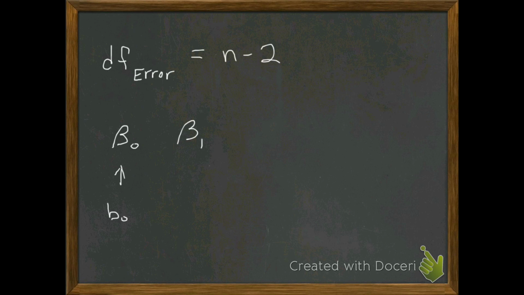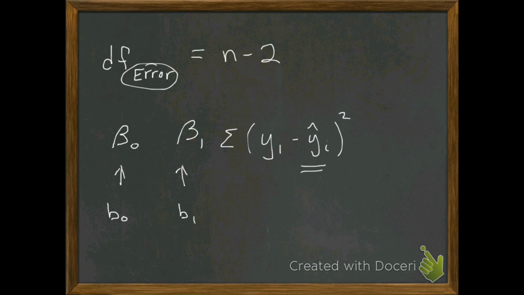We had 2 things that were estimated, namely b0 and b1. In the calculation of the error, which is our observed value minus the predicted value, and obviously we square that and sum it up, the predicted value was calculated using 2 estimated things. So guys, we have to account for that in the degrees of freedom.